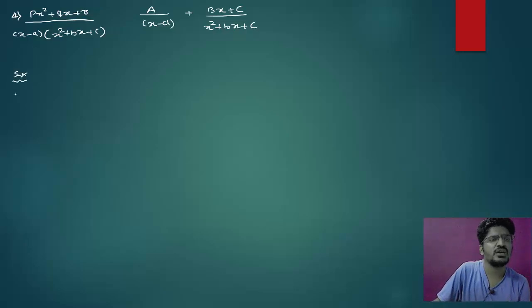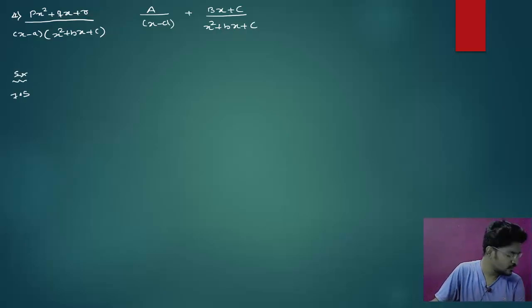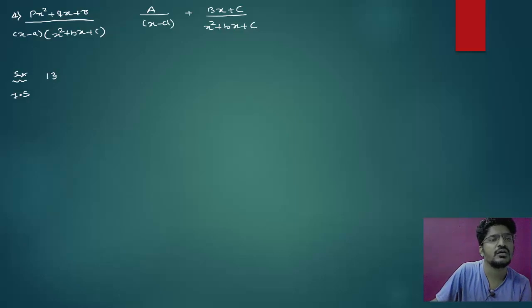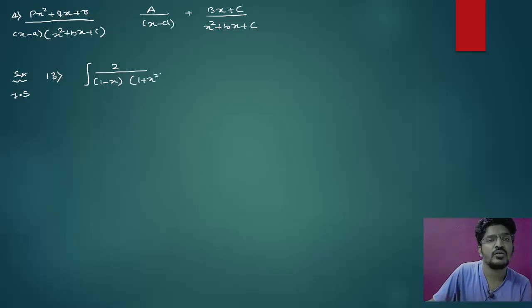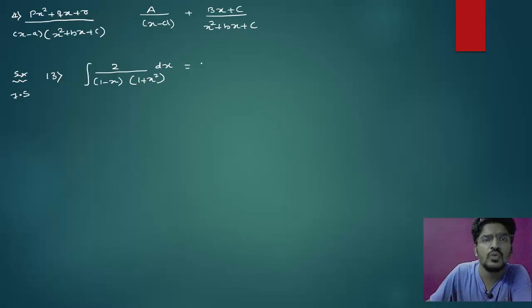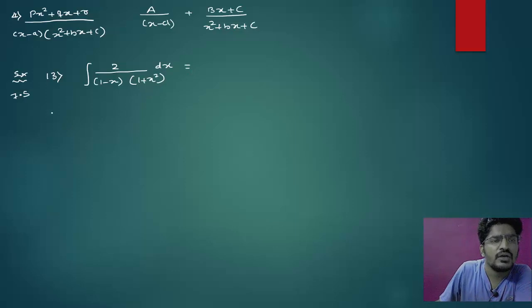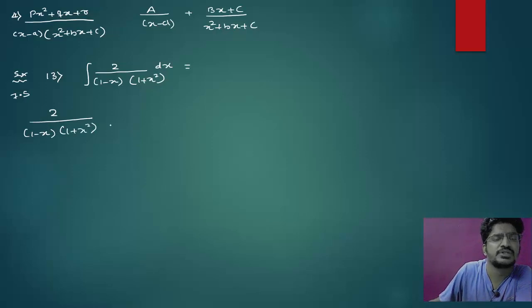From exercise 7.5, I am choosing problem number 13, that is the integration of 2 divided by (1 − x)(1 + x²) with respect to dx. Clear? First we shall decompose 2 divided by (1 − x)(1 + x²).